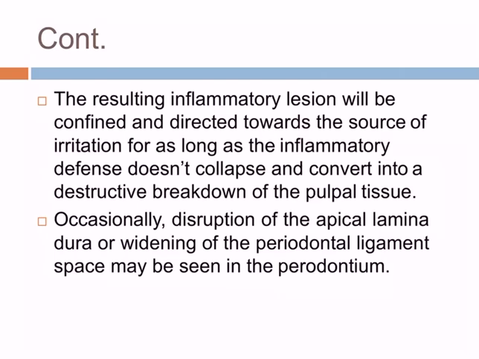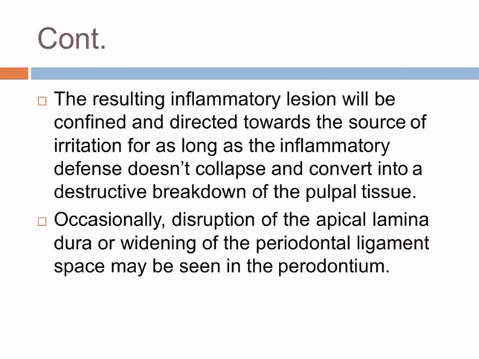Occasionally, disruption of the apical lamina dura or widening of the periodontal ligament space may be seen in the periodontium. So after some time the pulp tissue is involved and there is destruction of the pulp tissue, which can spread from the apical foramen and the lateral canals into the periodontium.